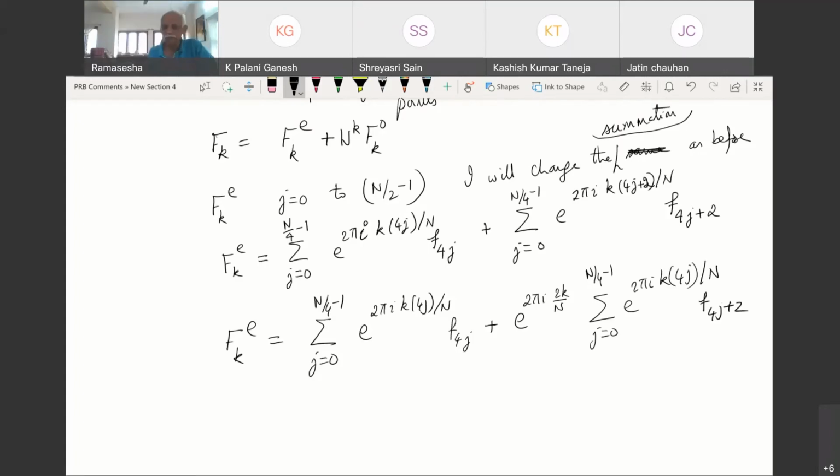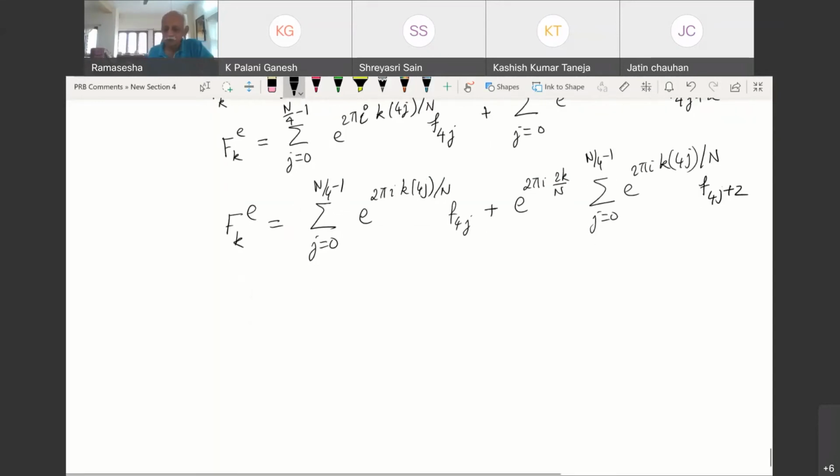Okay, so this will give me fk even, because even means divisible by 4. Okay, it is even once, so you divide again, it's even by 4. Okay, and the other one is actually plus w to the power 2k, because e to the power 2 pi I by n is equal to w, so it is w to the power 2k. This is k even odd.